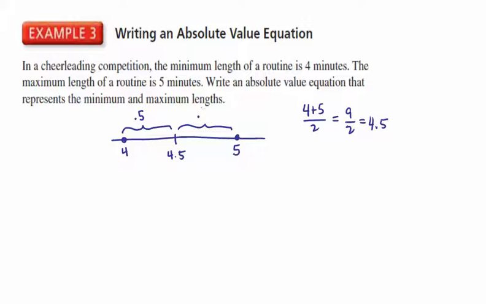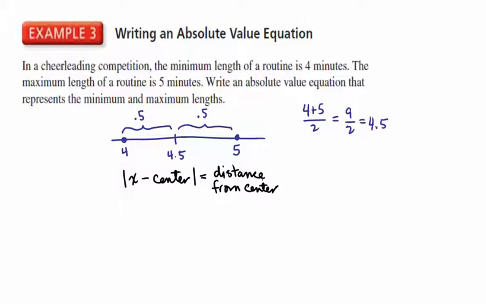The distance from 4 to 4.5 is 0.5, and the distance from 4.5 to 5 is also 0.5. From that, we can use our structure: the absolute value of x minus the center is equal to the distance from the center.